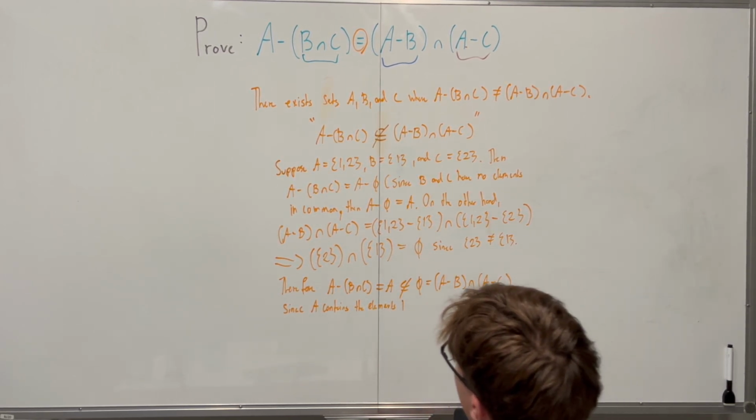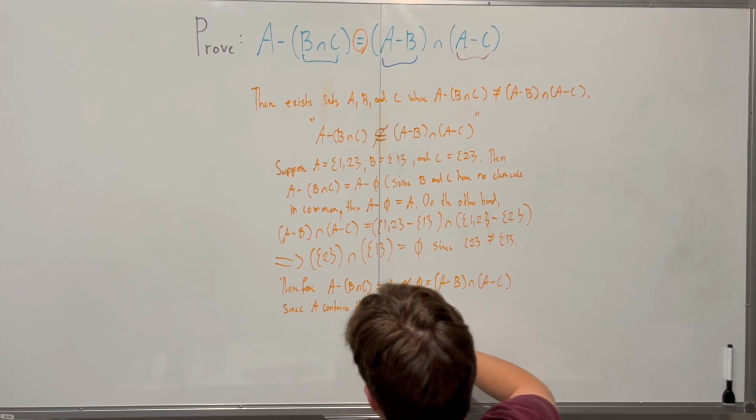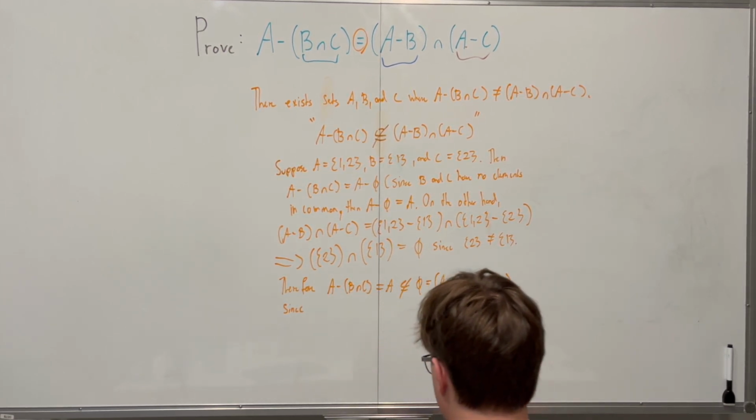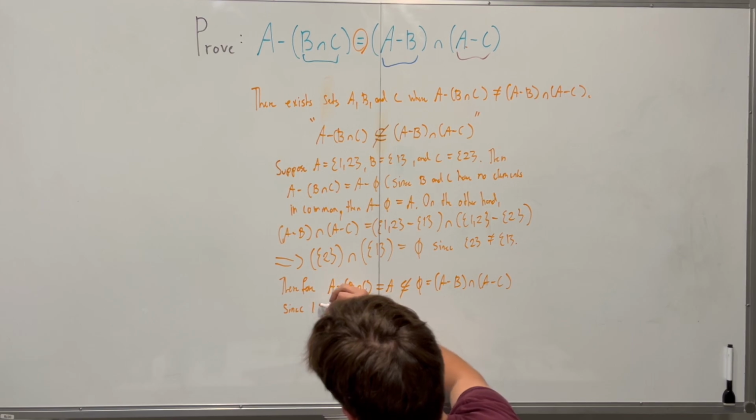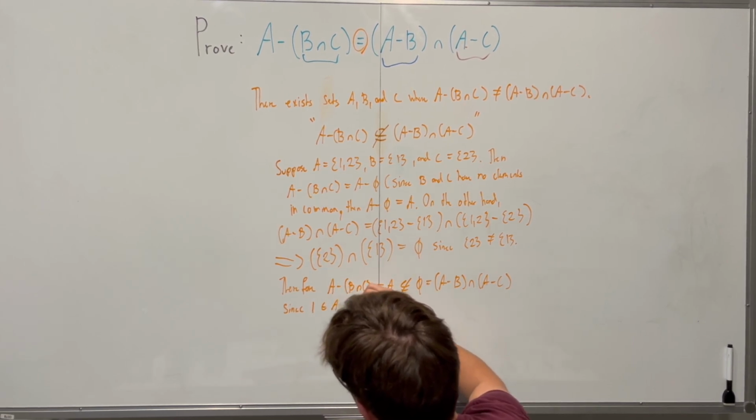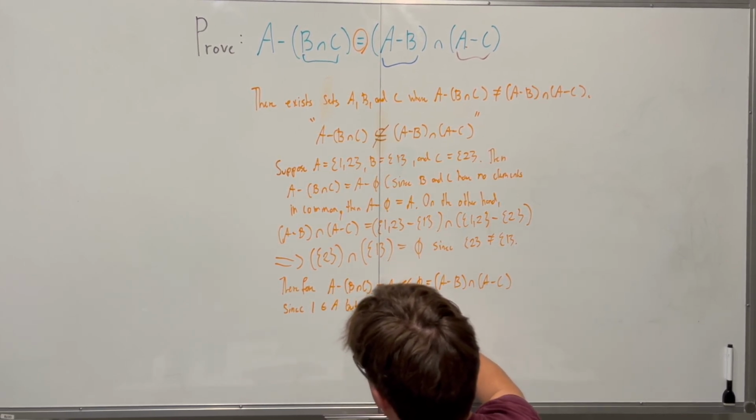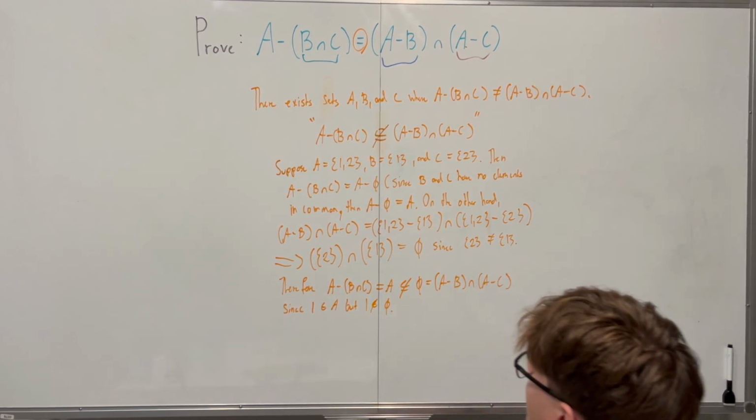We don't have to claim both 1 and 2. We can just say 1 is an element of A, but 1 is not an element of the empty set.